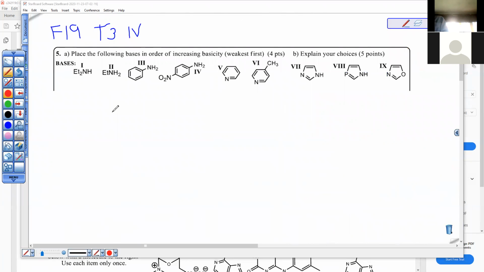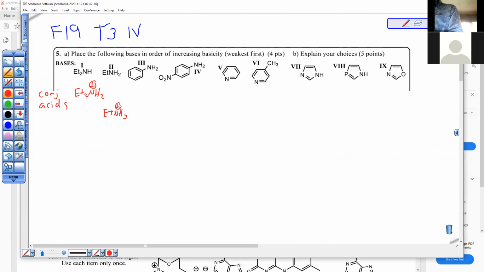Started right off here. I'm going to draw the conjugate acids here because sometimes we need to talk about the stability of those. And it's good review. At 2, NH2 plus for 1. At NH3 plus for 2.